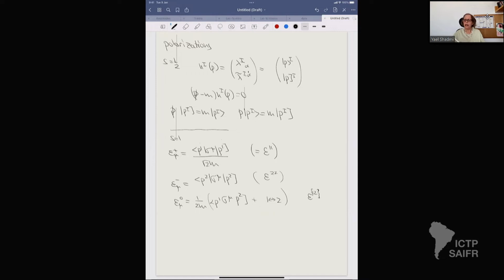So many times we're going to write this in a simpler form. We're going to write epsilon mu ij collectively as <p underlined|sigma mu|p underlined] over square root of 2m, where this guy is exactly what I wrote before. Epsilon ij alpha alpha dot is square root of 2 p underline divided by m.